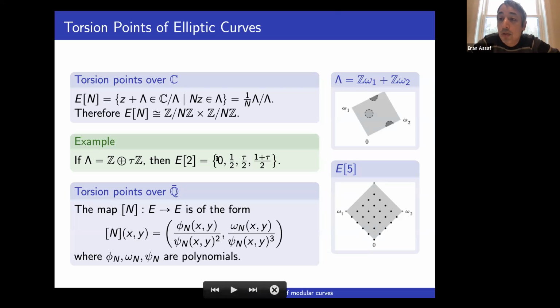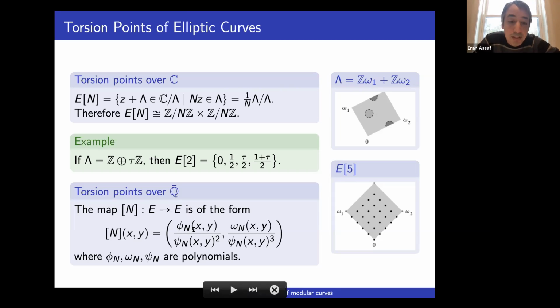Okay, now we want, inside these points, to understand the points with coordinates that are algebraic numbers. So for that, we recall the formulas that we had for addition of points, and recall that they were all given by rational functions. And now we can look at the map that sends a point to its multiple by n. So that's just composing addition of a point with itself n times, and that gives us another rational function with polynomials.